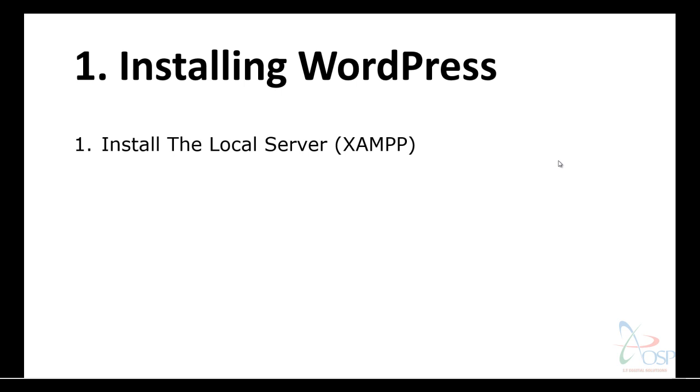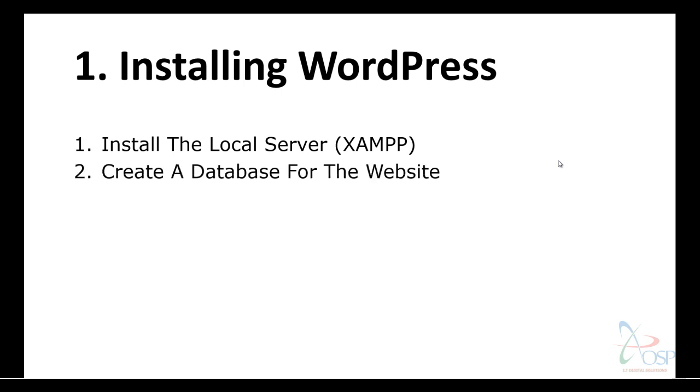In this case, we are going to use XAMPP, but if you have another server like WAMP or LAMP, it can also work, because WordPress runs on PHP and MySQL. Those are server-side technologies, and they need the server to run on your machine.